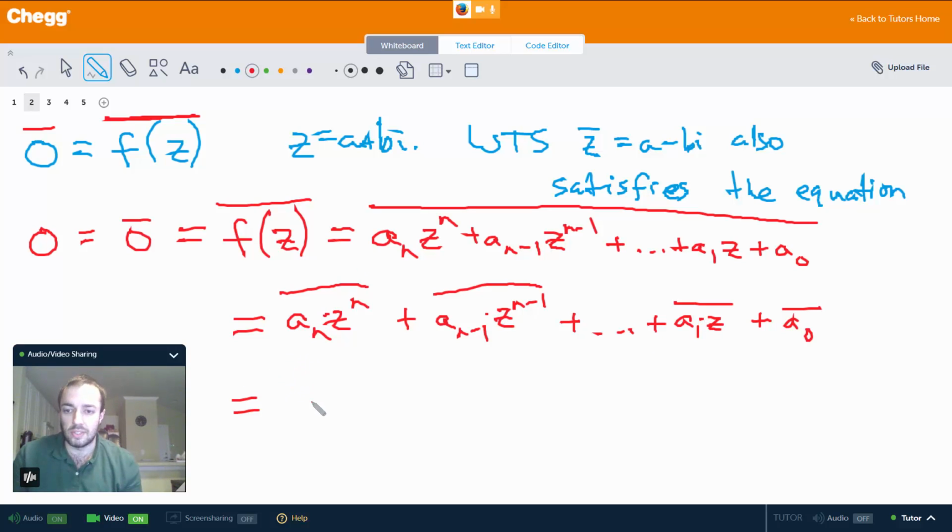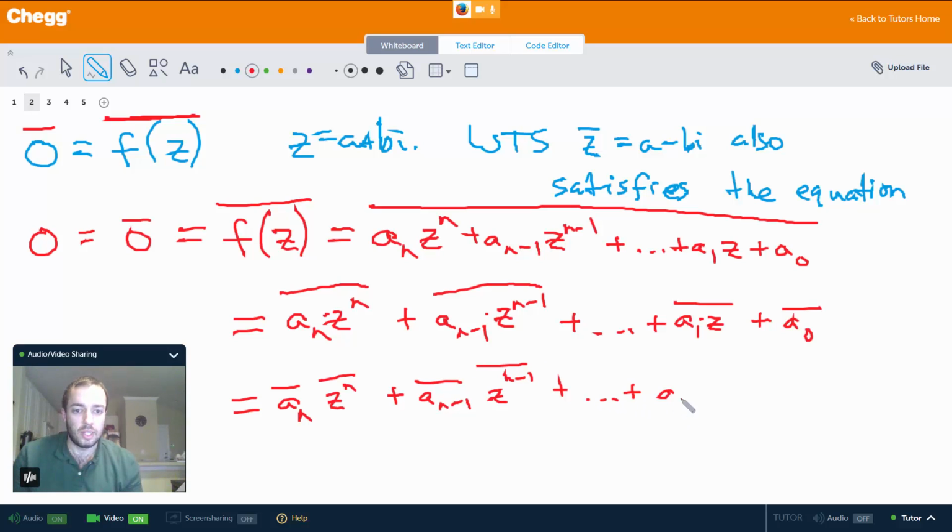So here we can split these up as a sub n bar times z to the n bar plus a sub n minus 1 bar times z to the n minus 1 bar plus dot dot dot plus a sub 1 bar times z bar plus a sub 0 bar. There's no z over here.